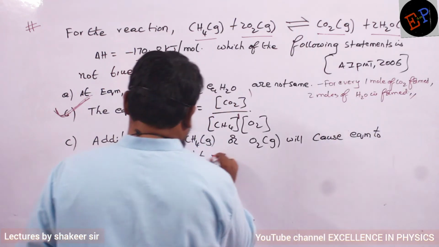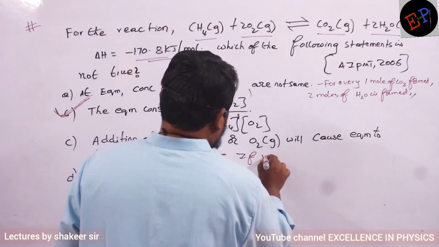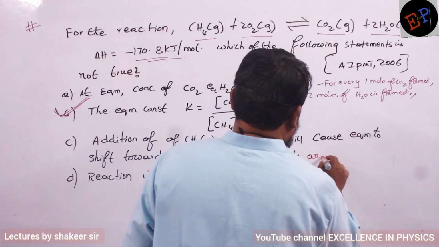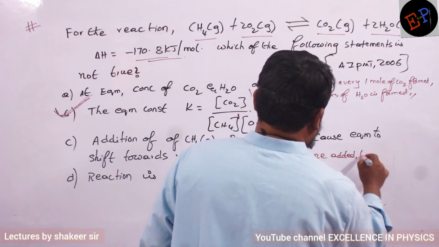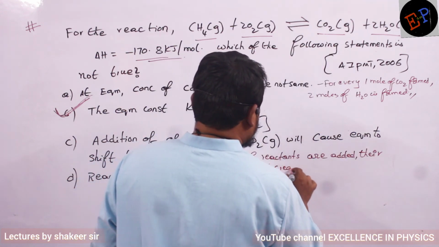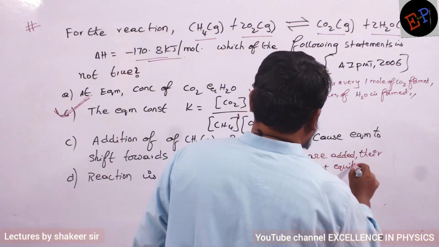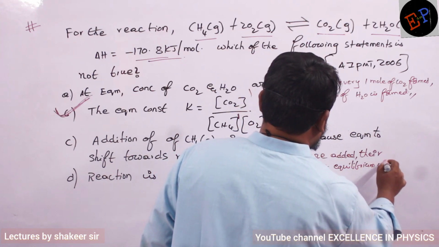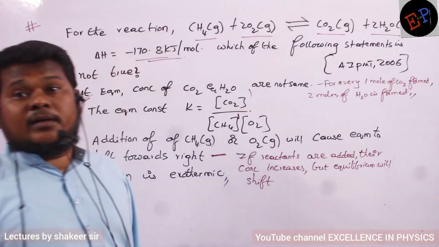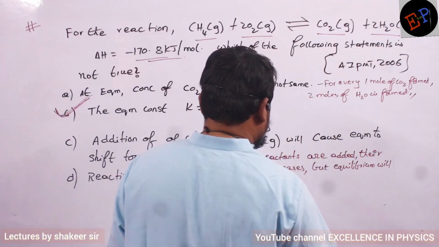And what is the reason for option C? If reactants are added, their concentration increases, but equilibrium will shift. In which direction?